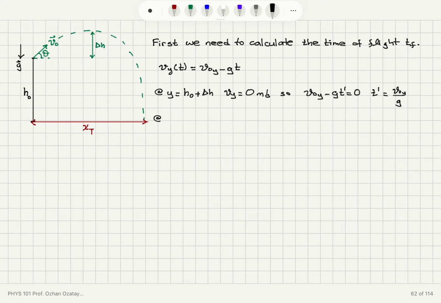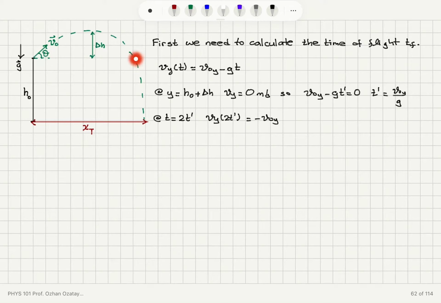And at time t equal to 2t prime, what will happen? The velocity y component at 2t prime will be equal to minus v0y. So we travel a distance delta h on the y-axis and we come back.